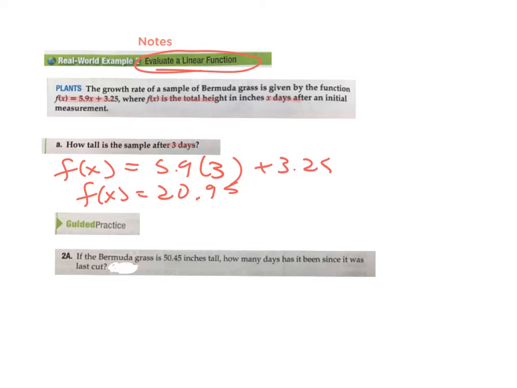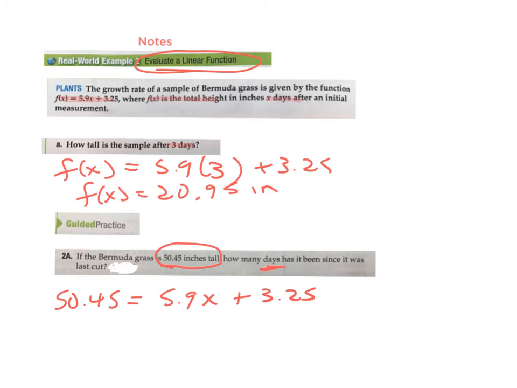So the grass was 20.95 inches tall. So let's look at our second example. Same thing, but this time they tell us how tall the grass is, and we want to know how many days. So this time we're using the 50.45 into our function equation, but the 5.9, and we don't know x. We want to figure it out.